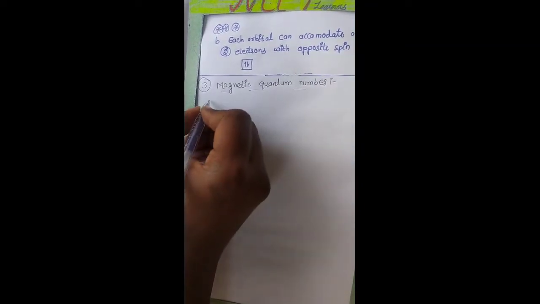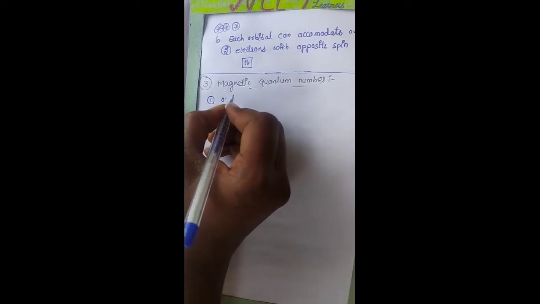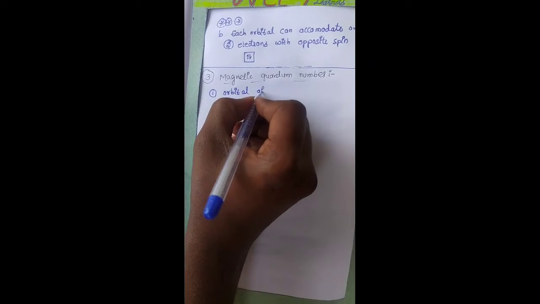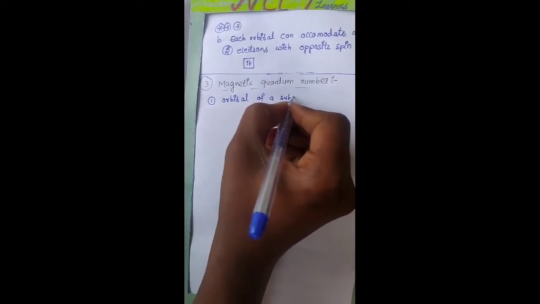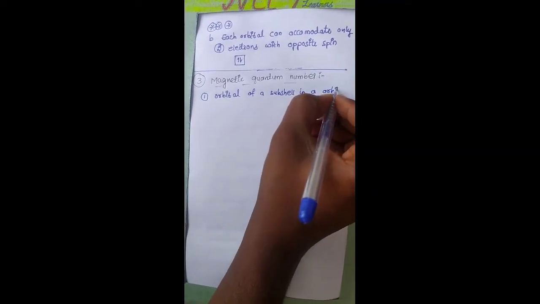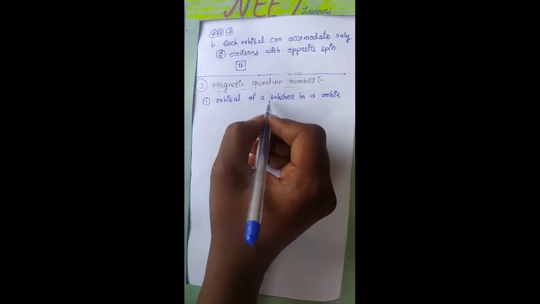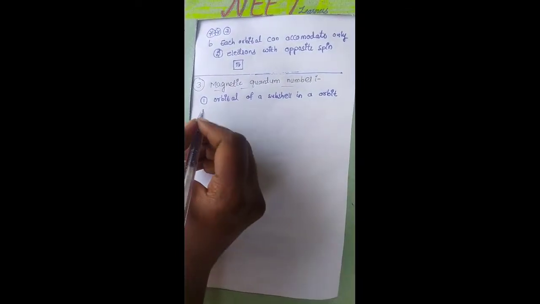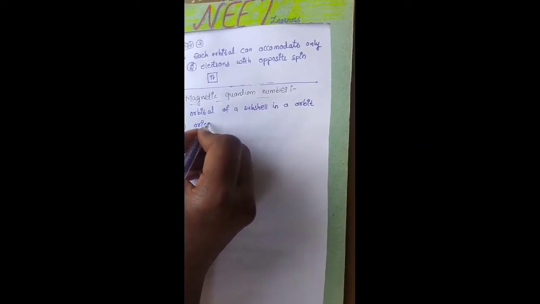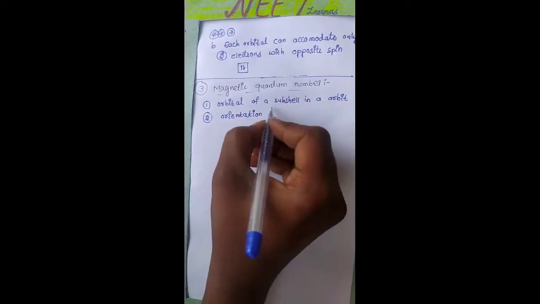The magnetic quantum number explains the orbital of a subshell in an orbit. It also mainly explains the orientation of orbitals. What, students? Orientation, the movement of orbitals.